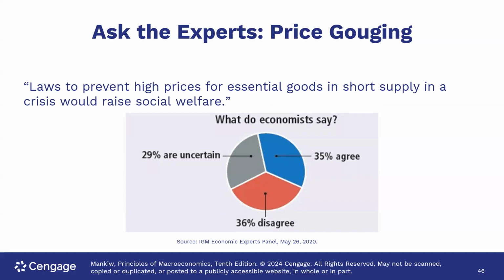For those economists who agree, it's not hard to understand because it seems that if you prevent the high price for essential goods, people with ordinary income can still purchase those goods and sustain their living.